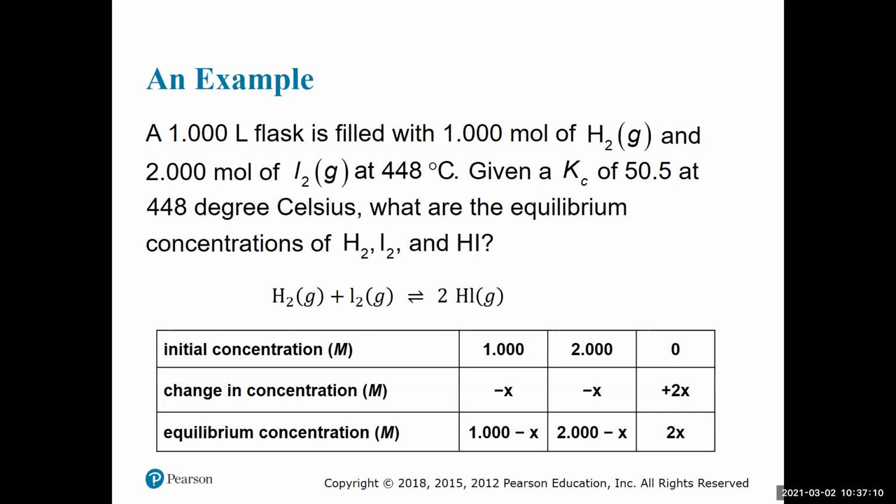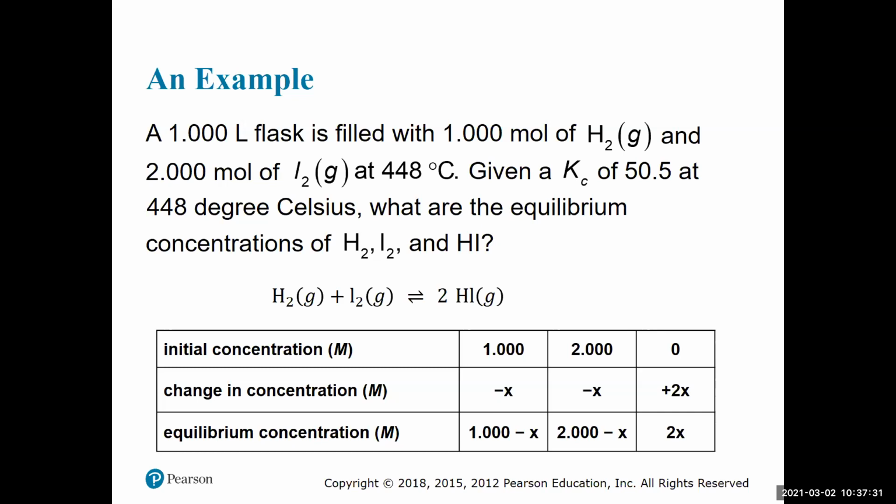For this type of problem, there are a couple of things we have to remember. One is that all the concentrations need to be expressed as moles per liter, in other words, molarity. This one's easy because we're told it's a 1 liter flask, so the moles divided by 1 requires no math.